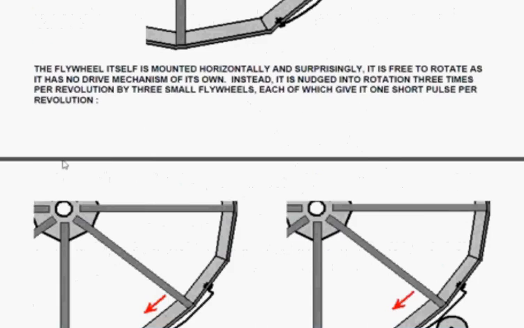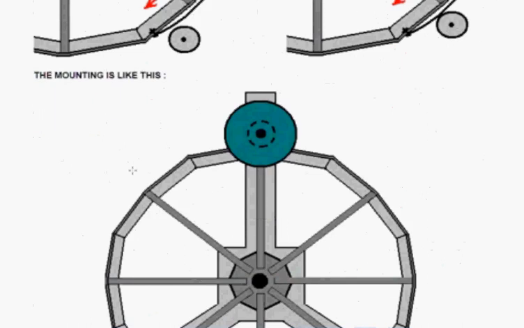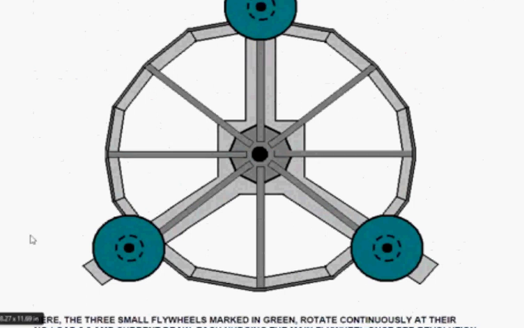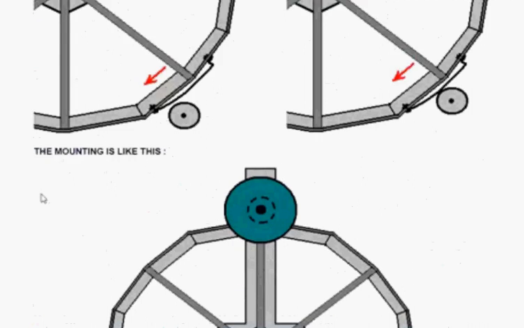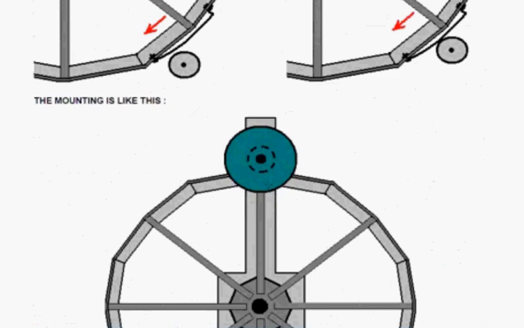Now, the drive strip is actually driven by 3 separate small drive motors with flywheels on. The flywheels have got a drive friction wheel which connects with that drive strip, and that pushes the large rotor around.